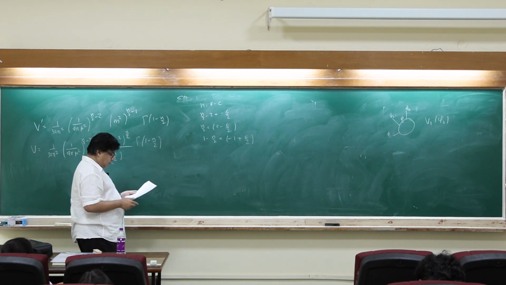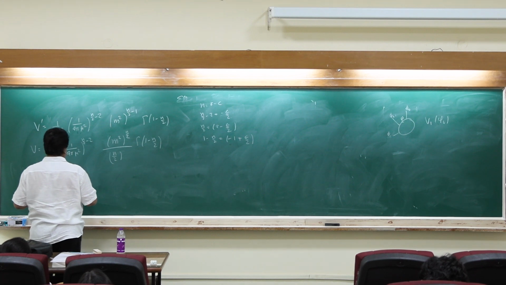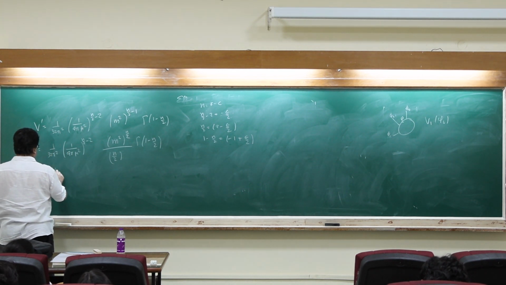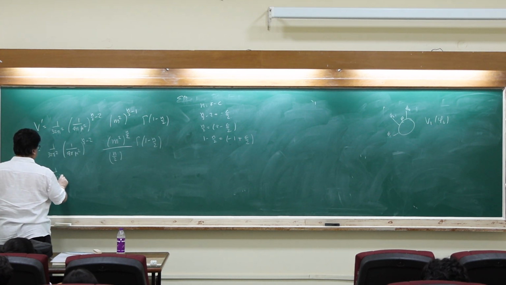Okay. Now you use, I'll write it once again. So this is 1 by 32 pi square.